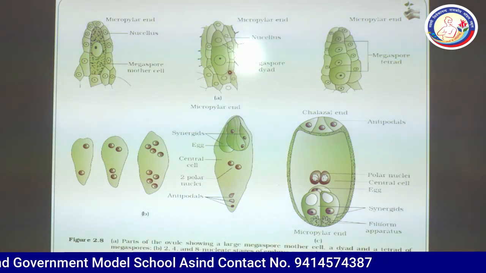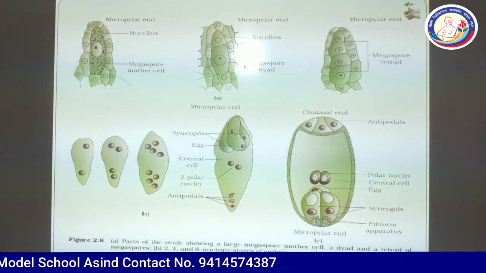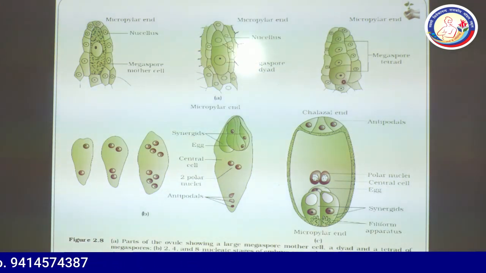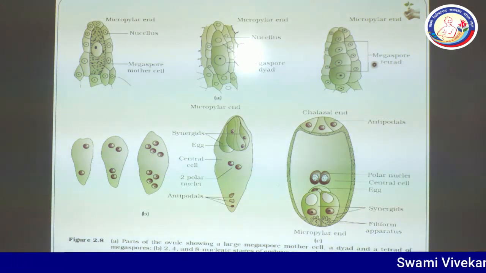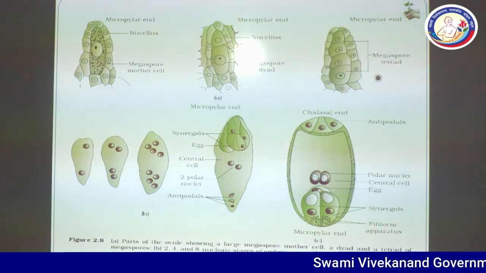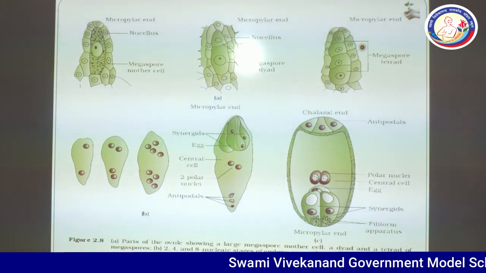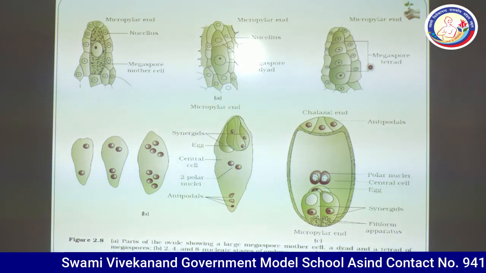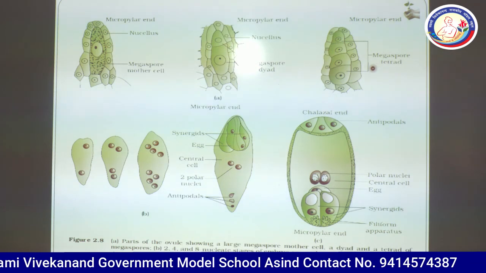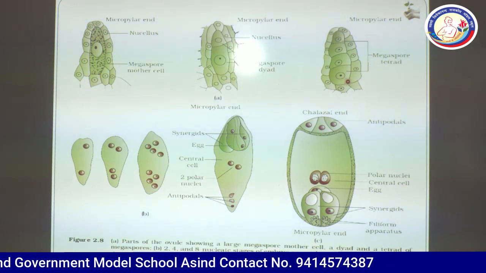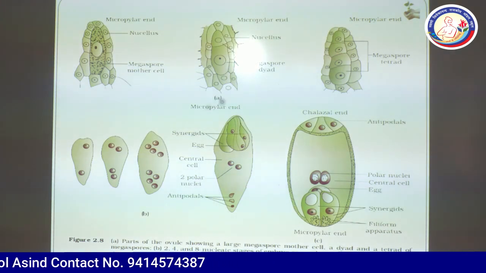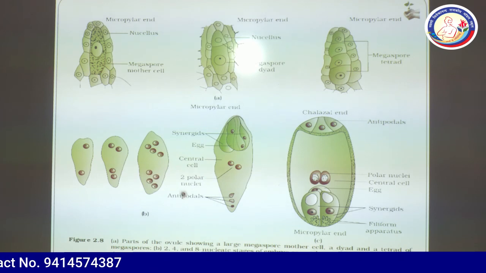After meiosis II there will be 4 megaspores arranged in a linear condition. It is called megaspore tetrad, out of which 3 megaspores degenerate and 1 megaspore will remain active and participate in the development of embryo sac.